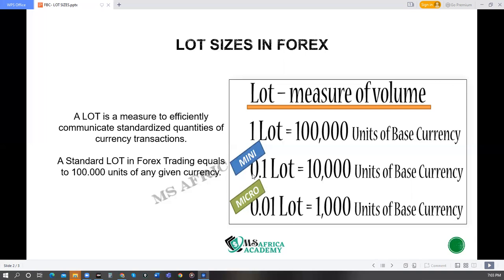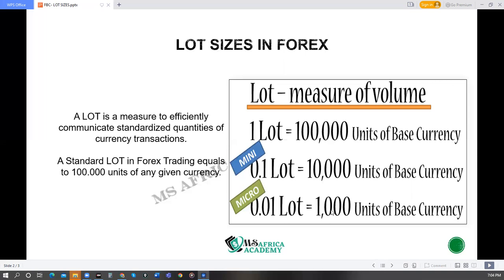And that 0.1 lot equals 10,000 units of the base currency. And then we also have micro lot size, which is 0.01 to 0.09. Those are called micro lot size, and that is in 1,000 units. So 0.01 lot equals 1,000 units of the base currency.